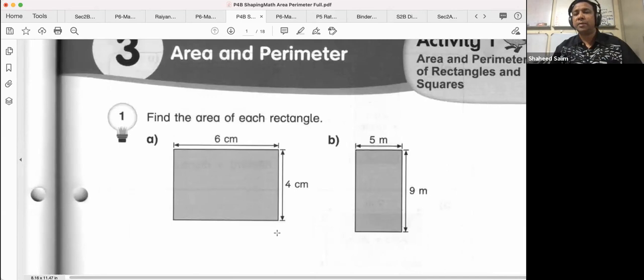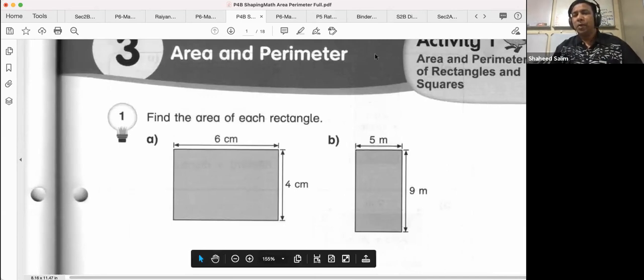Come Neris, what are you doing? Neris is not focusing. I will remove her first. Neris, are you going to do it or not? If not, I will remove you. If you cannot do, I will speak to your mom.